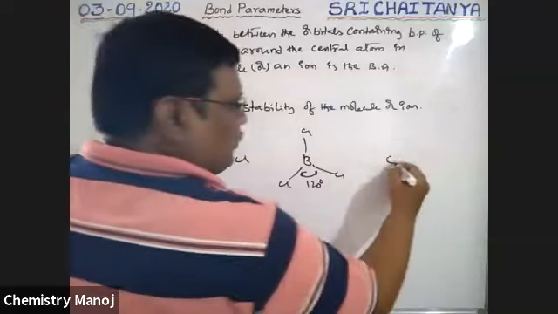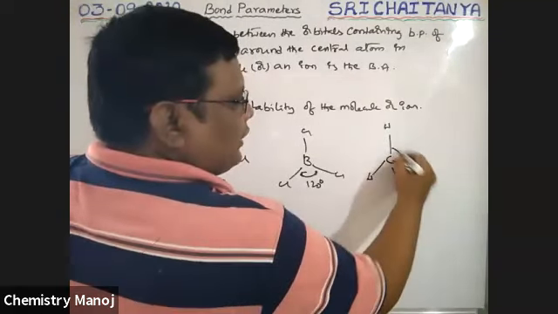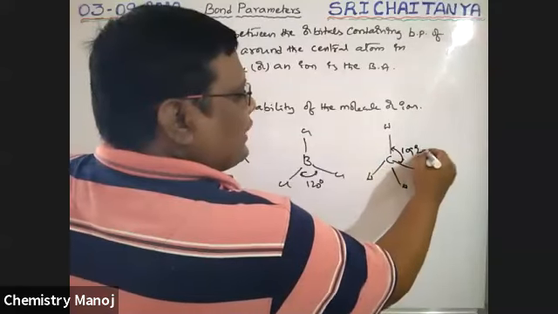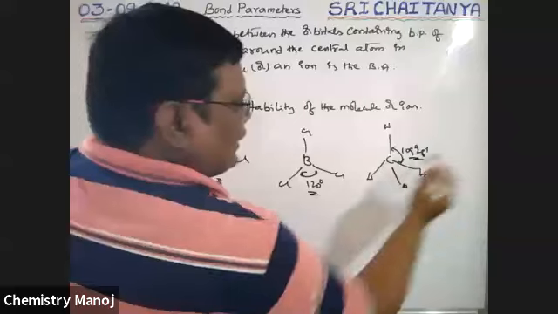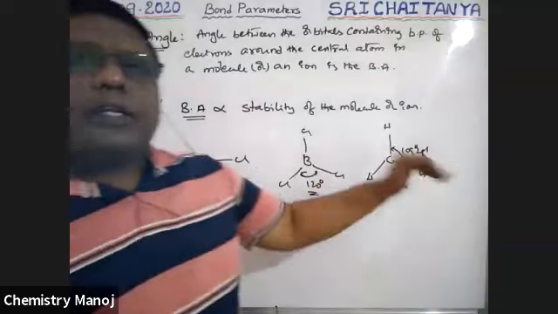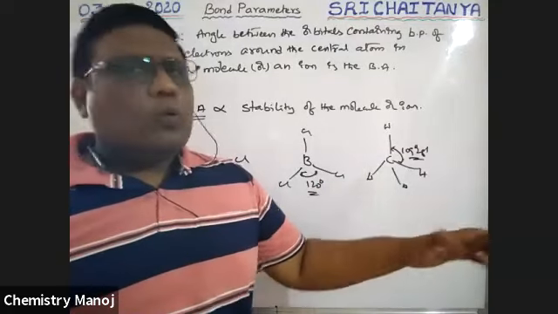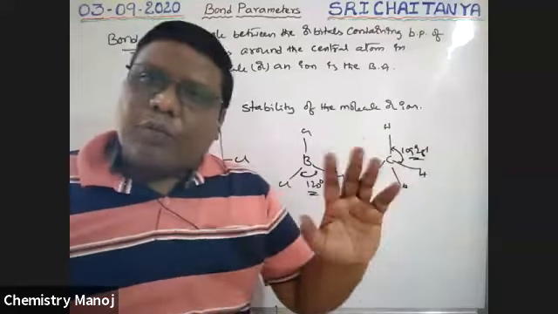Next, CH4 has a 109 degrees 28 minutes bond angle. See boys, 180, 120, 109 degrees 28 minutes. That means the bond angle decreases. No doubt each and every molecule is very, very stable.